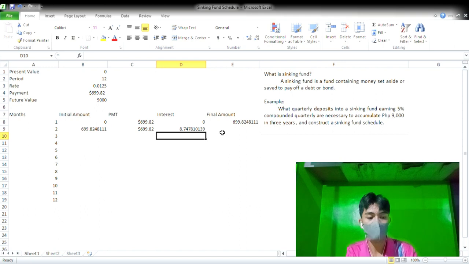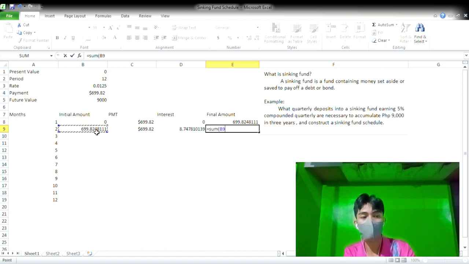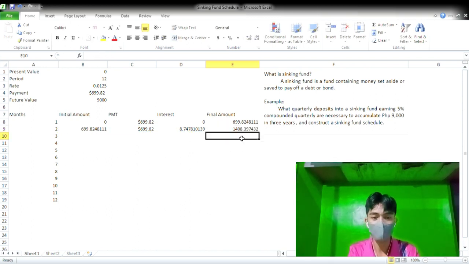And for the final amount, we have equal sign the sum of these three cells, then close parenthesis, and our final amount is 1408.39.